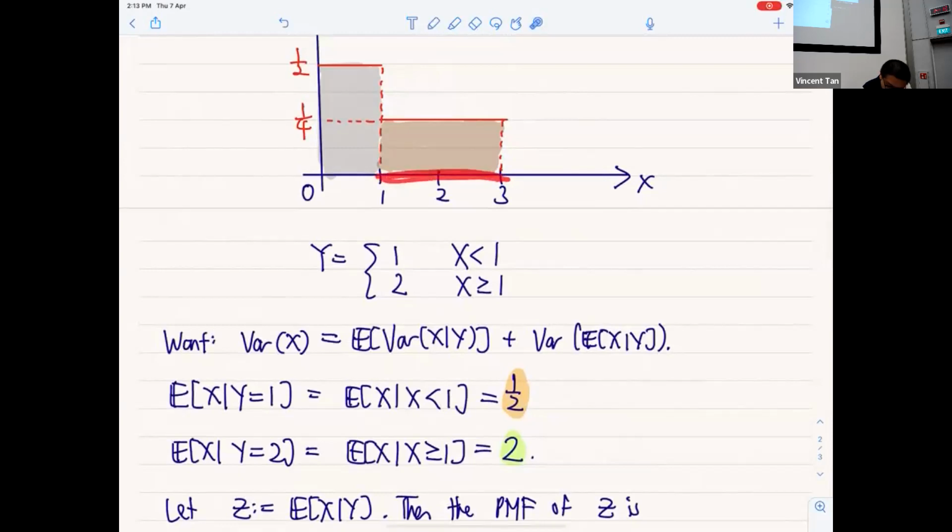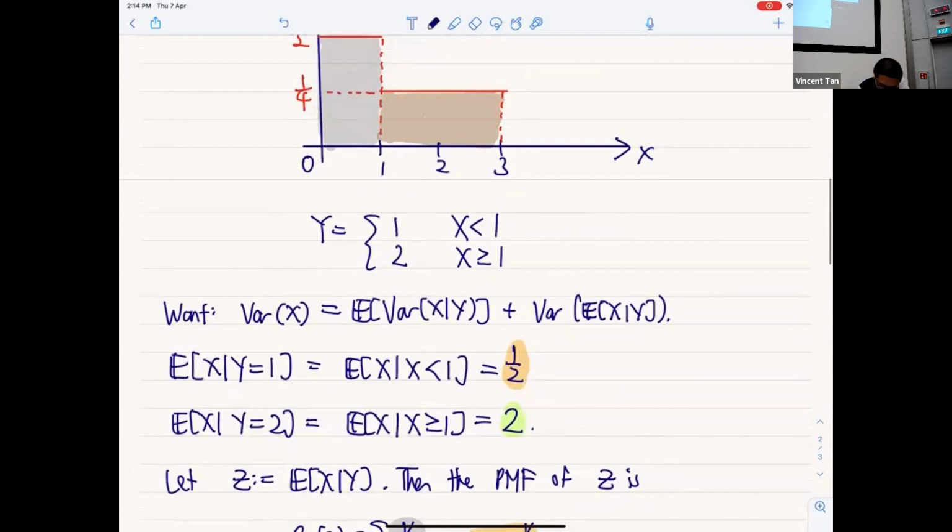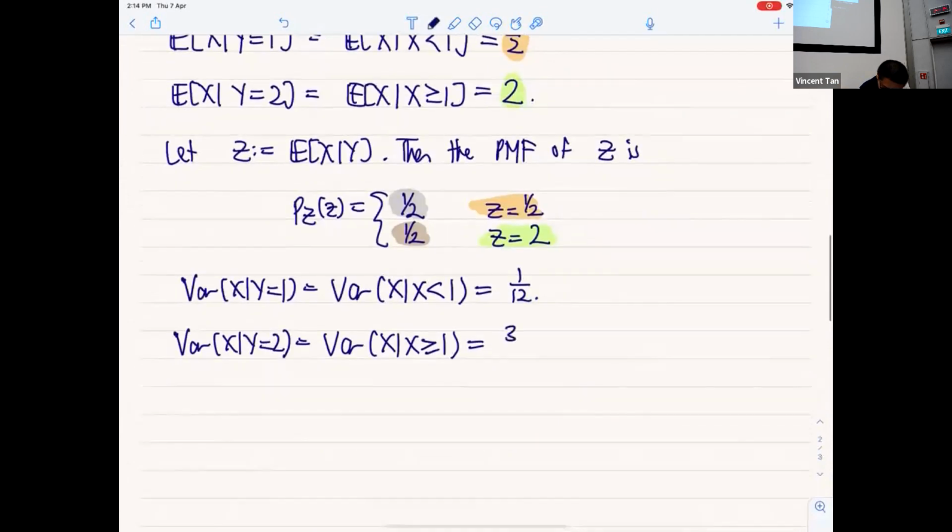The PDF of x conditioned on us living in this space is definitely uniform, from 1 to 3. So what is its variance? Someone told me the general formula, (b minus a) squared over 12. So we have to figure out what b and a are. This is b and that is a. So it's (3 minus 1) squared over 12.